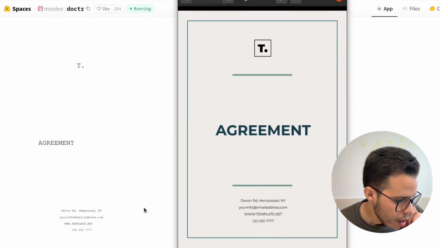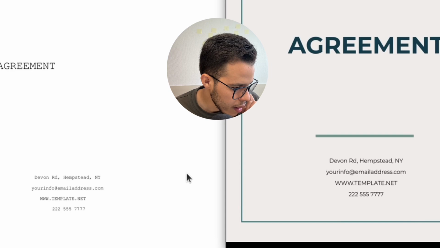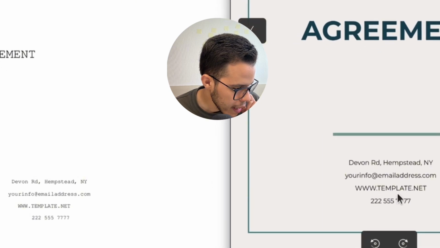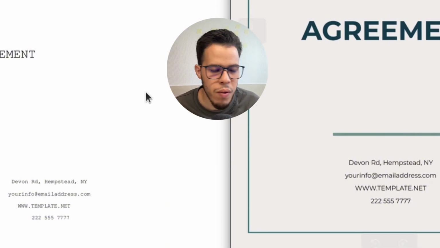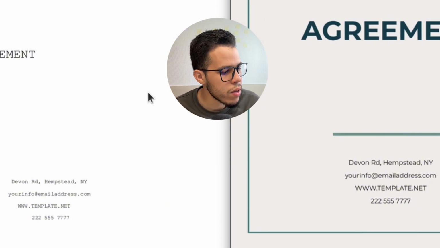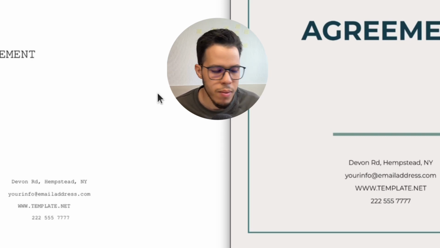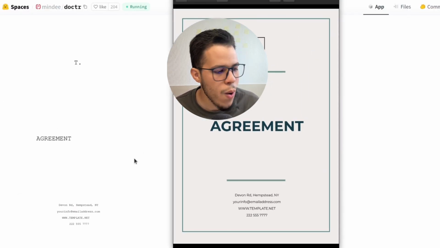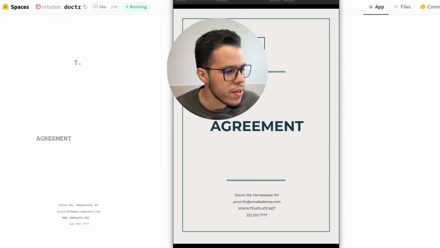I think they are well detected and everything is good. Yeah, .com, W, all these numbers. I think it's good. So for normal, digitally generated documents, there's no problem. The accuracy in this case is 100%. It's good. Let's test with another document.